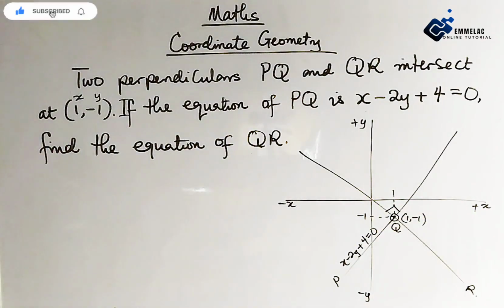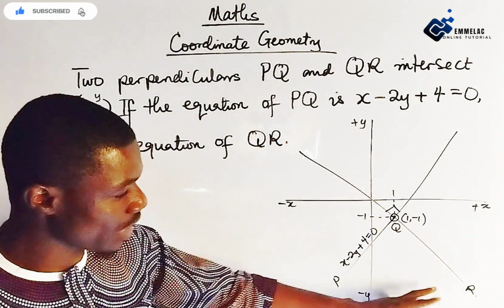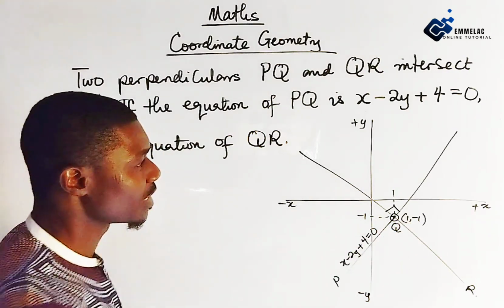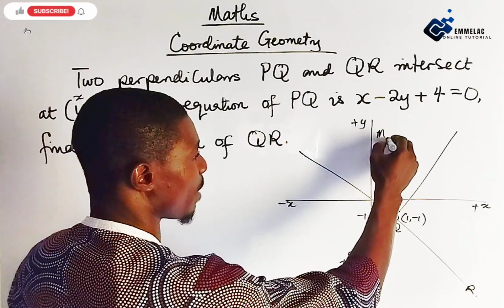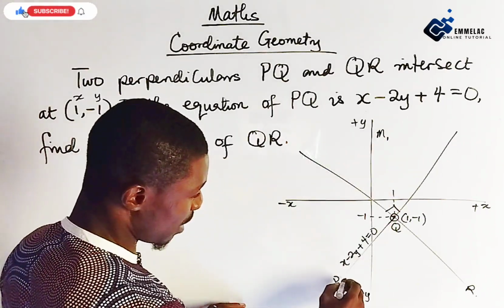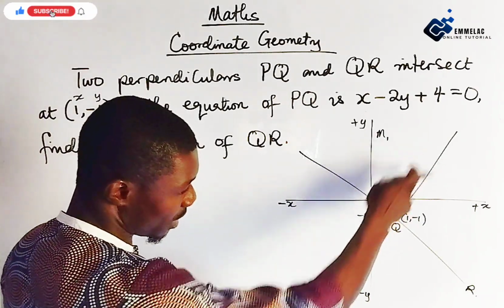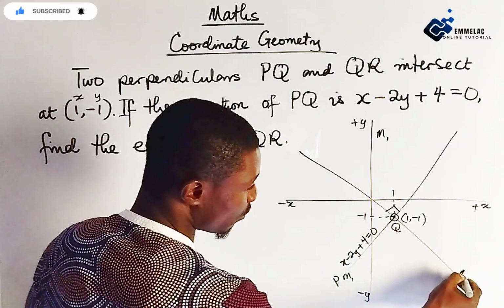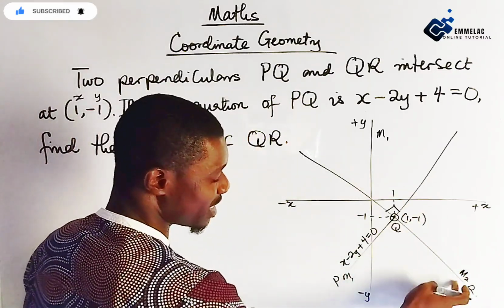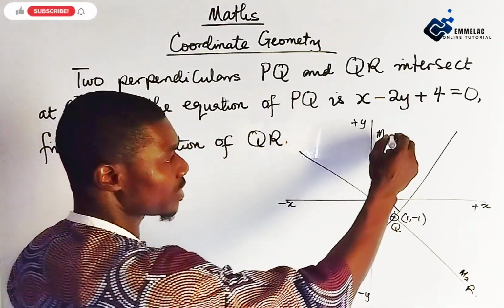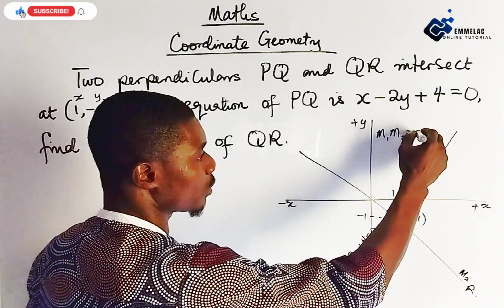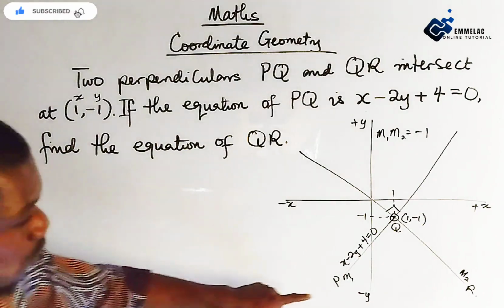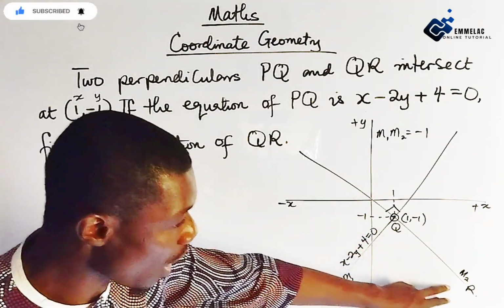For these two lines to intersect at this point, their gradients must satisfy a condition: the line here has a gradient of m1 and the line here has a gradient of m2, so the product of the gradients should give us negative 1.